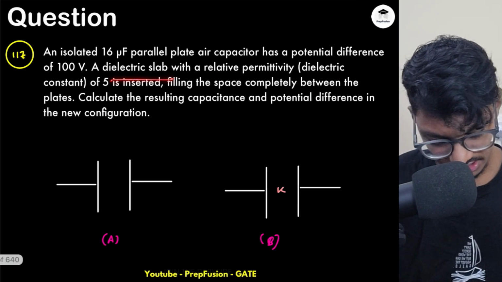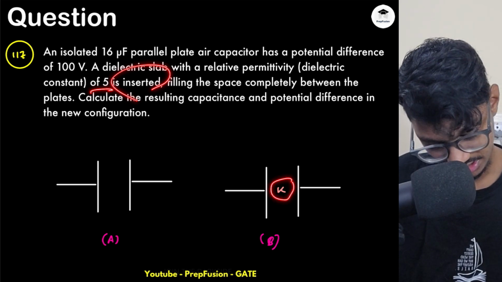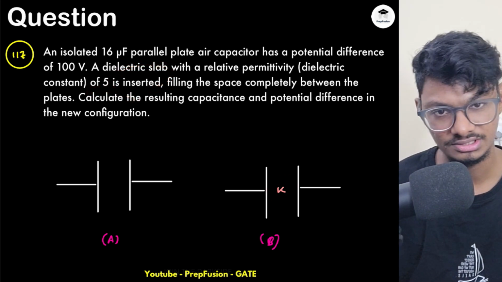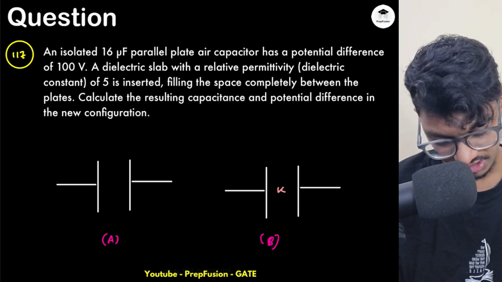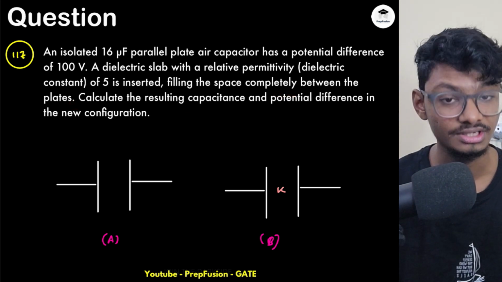Now a dielectric slab with a relative permittivity constant of 5 is inserted, filling the space completely between the plates. Calculate the resulting capacitance and potential difference in the new configuration.